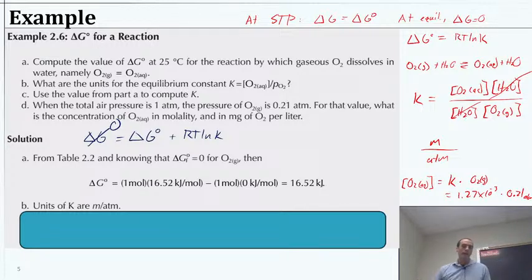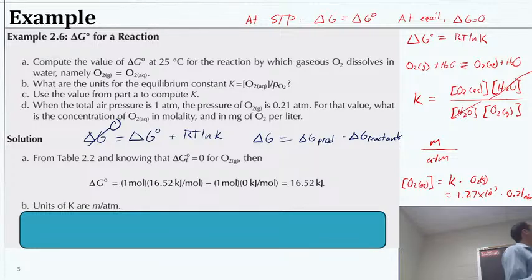The other way to write it is simply delta G for the system is going to be delta G for the products minus delta G for the reactants. Okay, that's the simpler way to deal with it. And that's what the solution is doing, saying delta G naught should be the products minus the reactants.